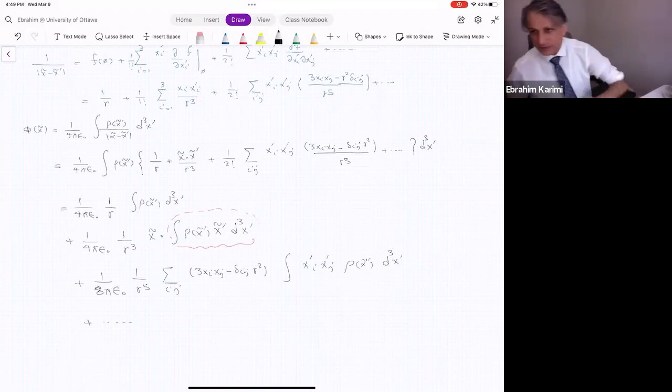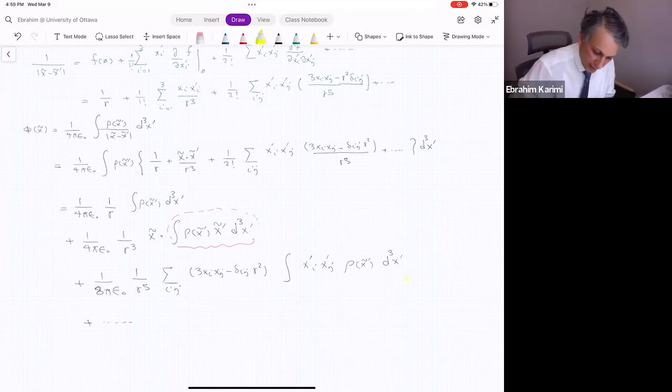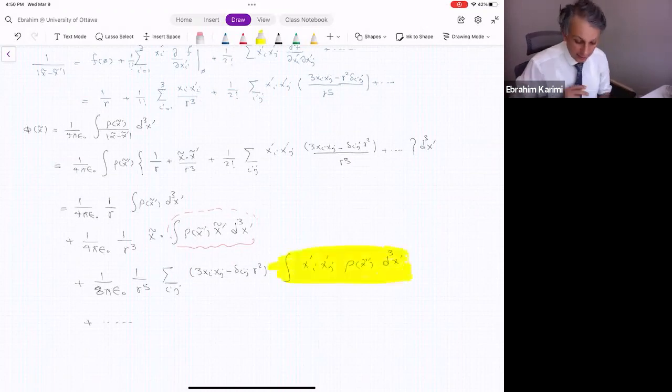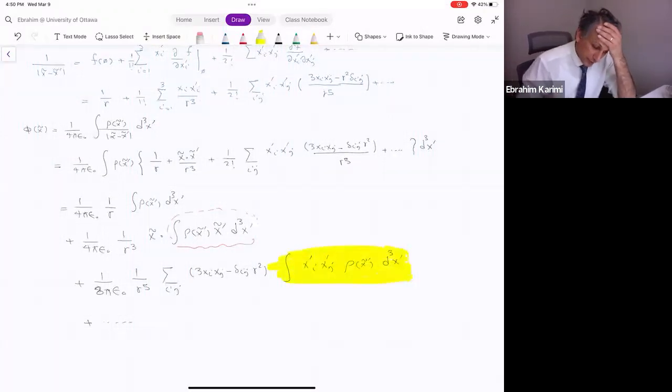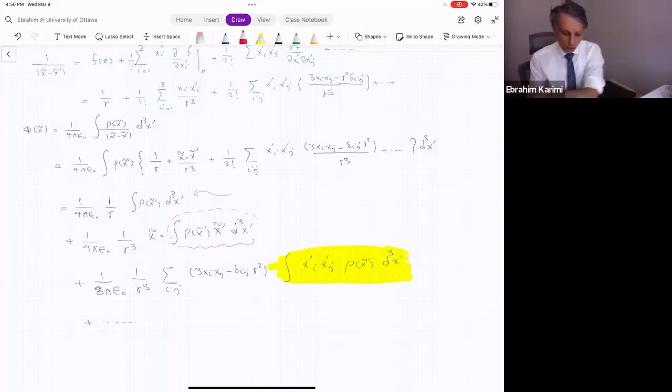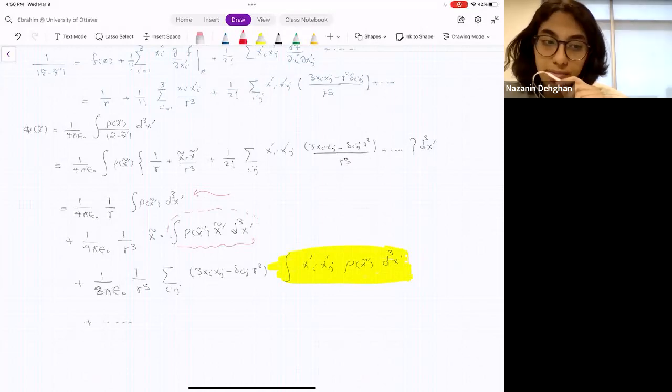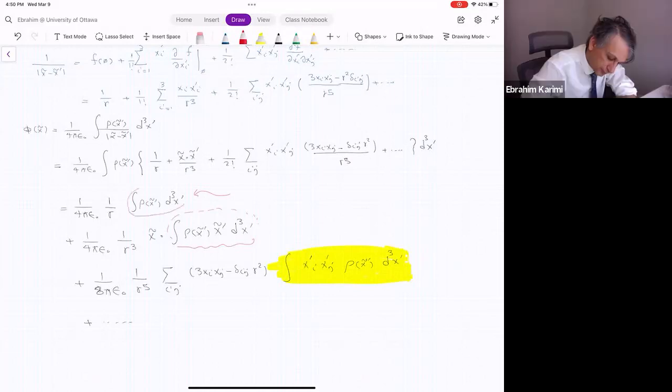Let's look at the physics first, and then we will simplify. Also, we need to work a little bit on this term and write it in a proper way, in such a way that you will find it in other books, and there is a reason behind that. Okay, so let's look at the first term. What is this? Integral of rho x prime d3 x prime. Total charge. Exactly, this is total charge.